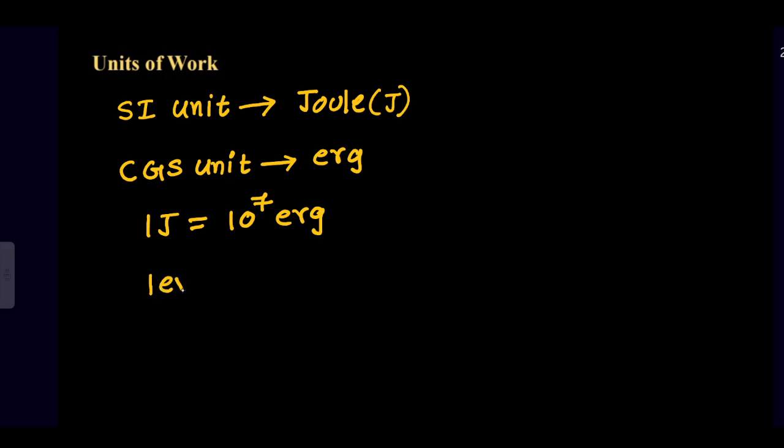1 electron volt, that is one of the units of energy. Electron volt, V-O-L-T. 1 electron volt is equal to 1.6 into 10 power minus 19 joules.